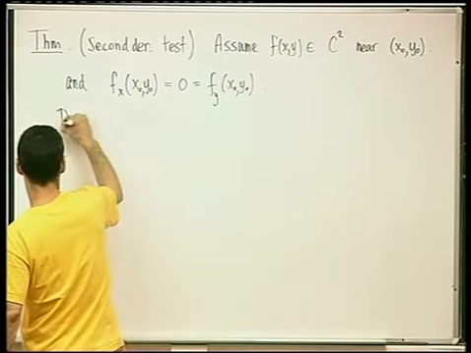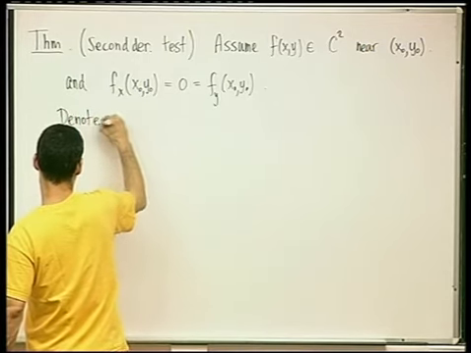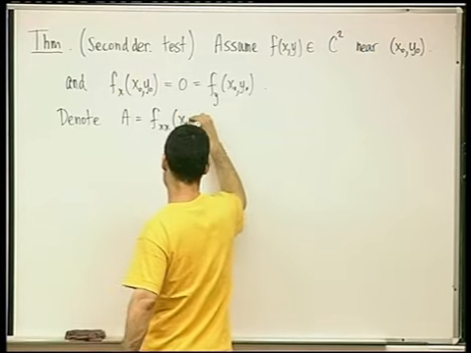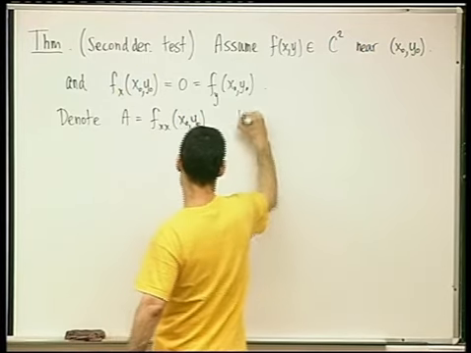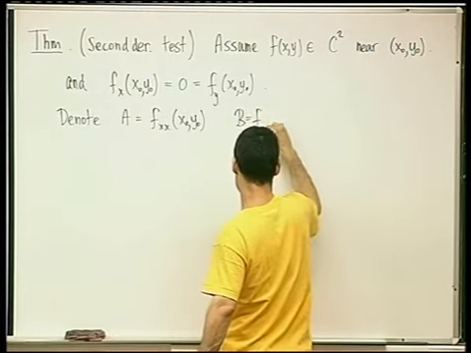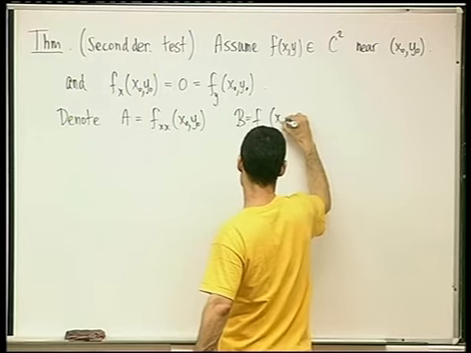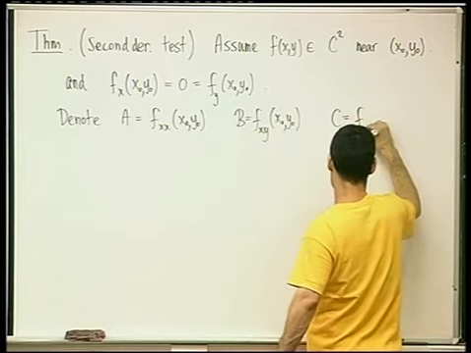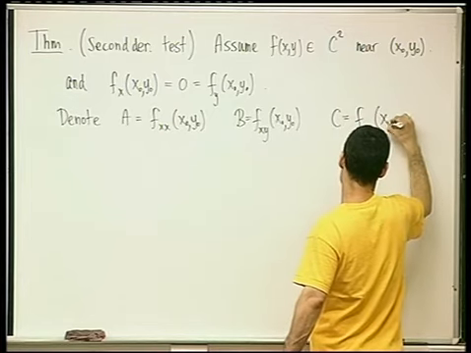Denote A equals fxx at the point, B equals fxy at the point, and C equals fyy at the point.